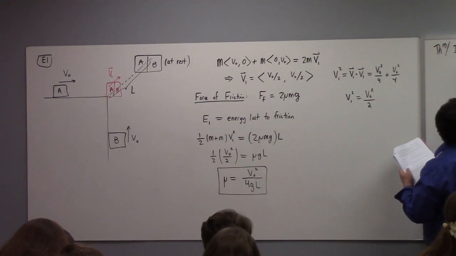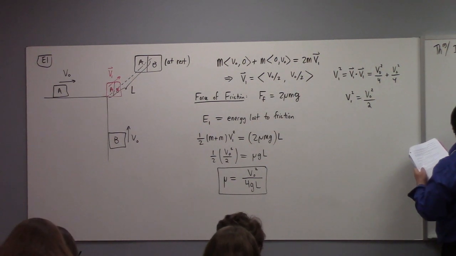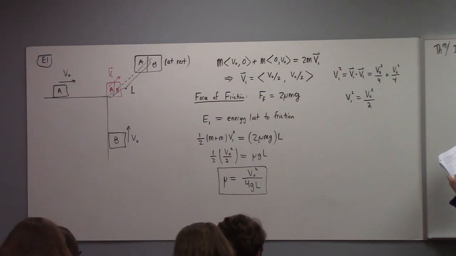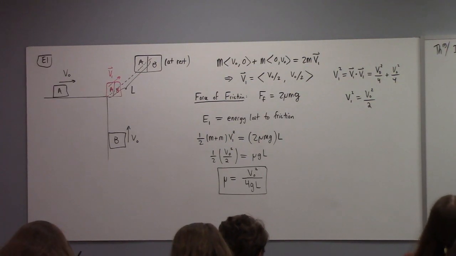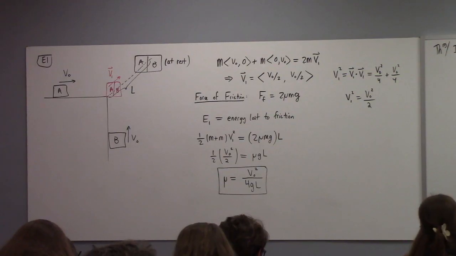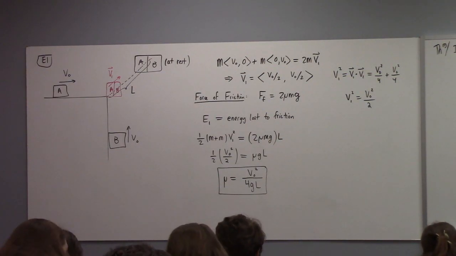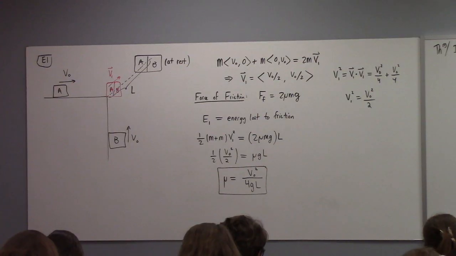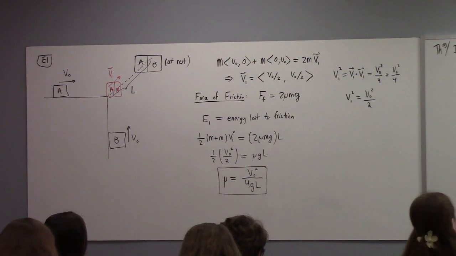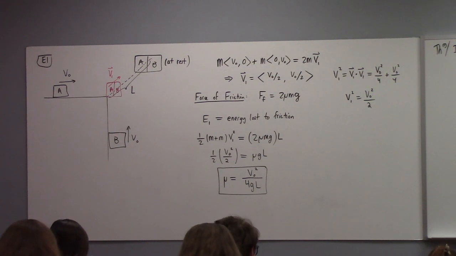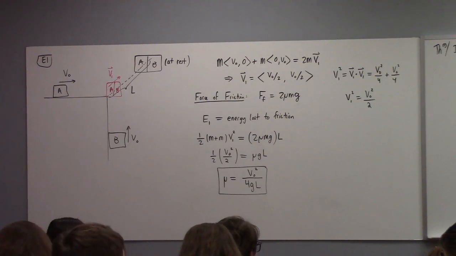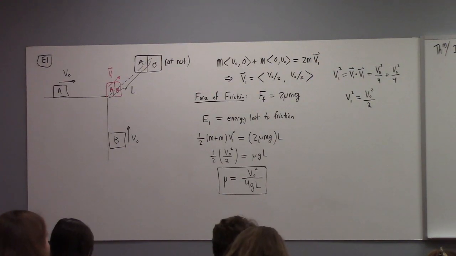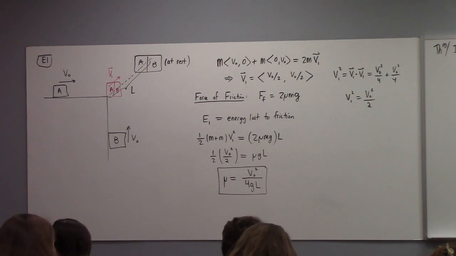If two equal masses undergo a glancing elastic collision in the plane, then afterwards they travel in perpendicular directions.